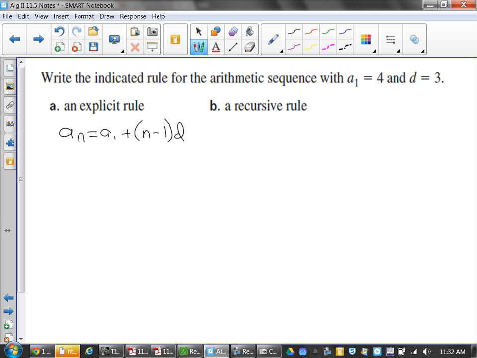Okay? So if that's the explicit rule, the generic rule, I know what the first term is and I know what the difference is, so what do we do? Substitute. You substitute in. So the nth term becomes 4 plus n minus 1 times my difference of 3. Everybody agree on that?